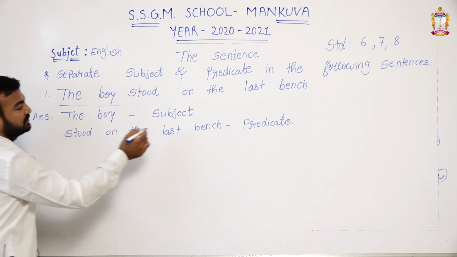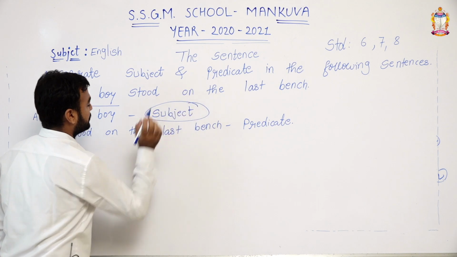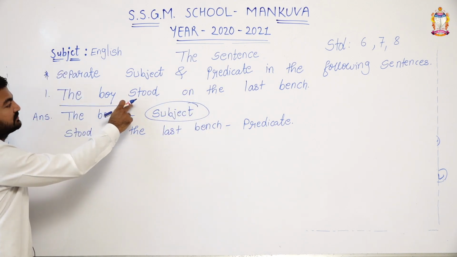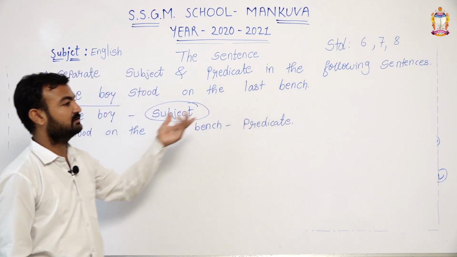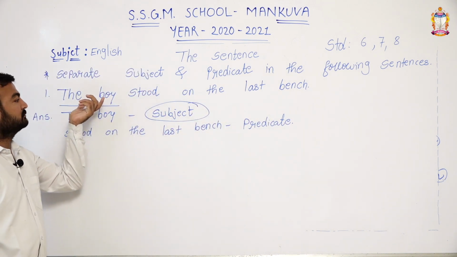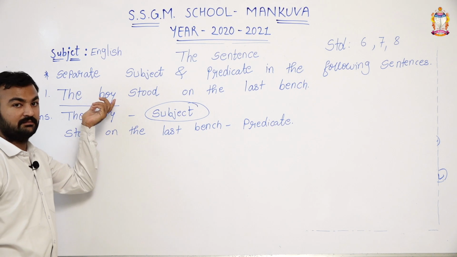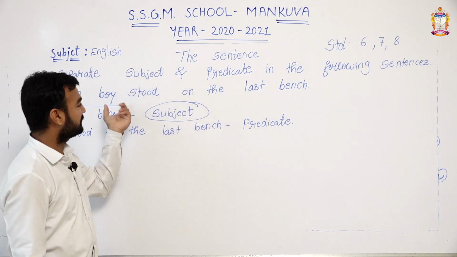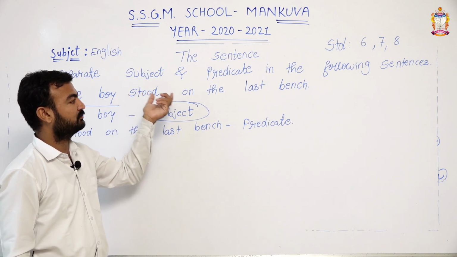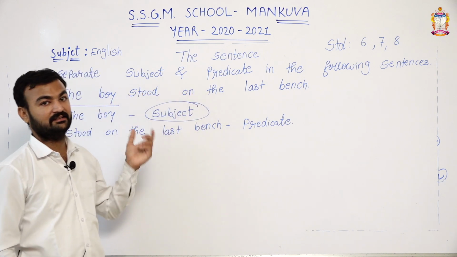The boy is called subject, and over here it starts: stood on the last bench tells what the boy is doing.